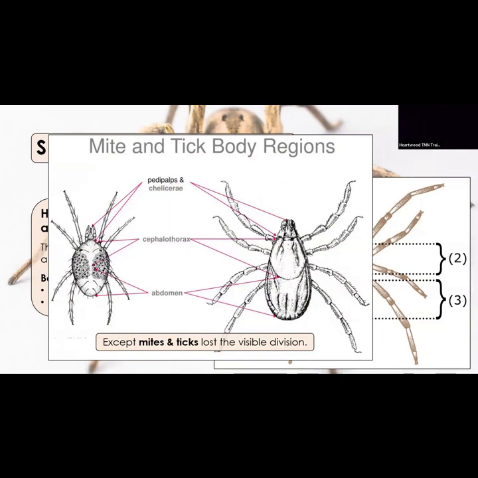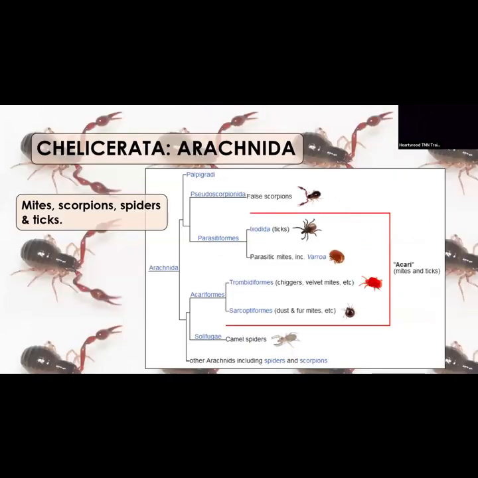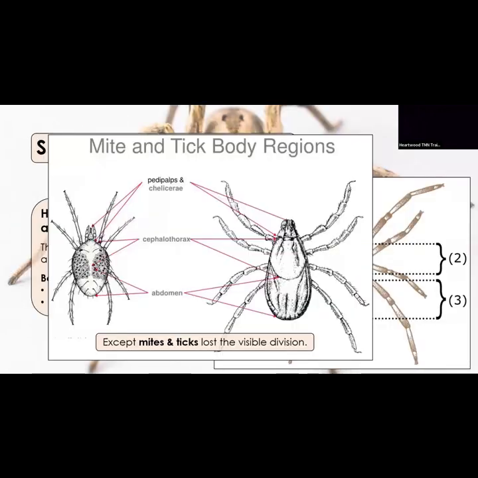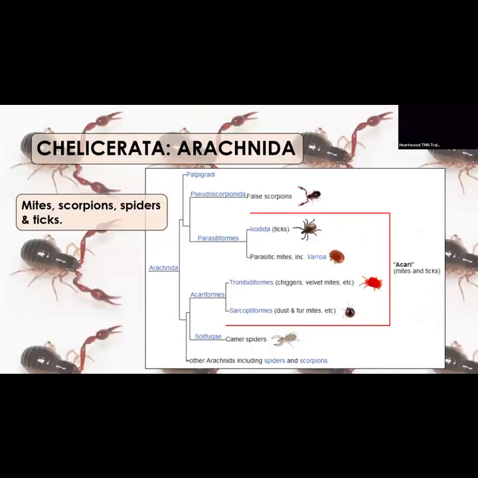They still have the cephalothorax and abdomen. It just can be reduced. This is a quick tree showing spiders, mites, and where they all fit in. So you've got your Arachnida, and that gives way to pseudoscorpions, and pseudoscorpions are related to your Parasitiformes. These are some of my buddies.